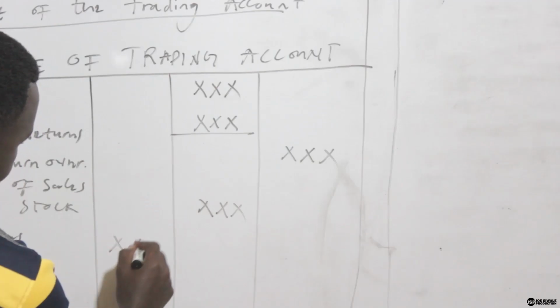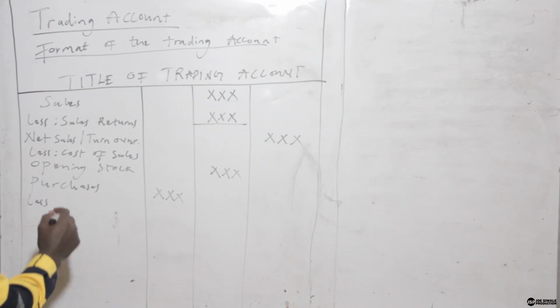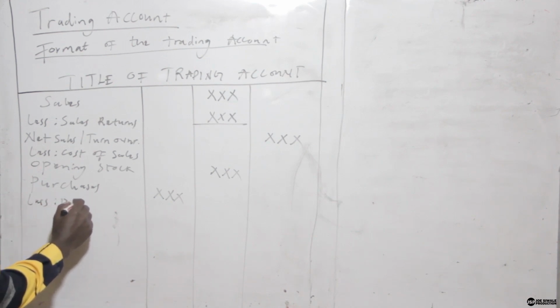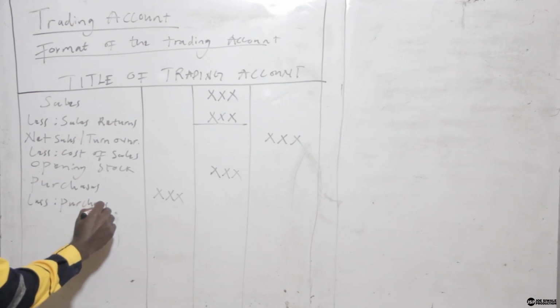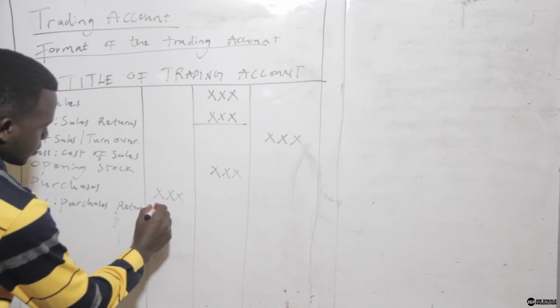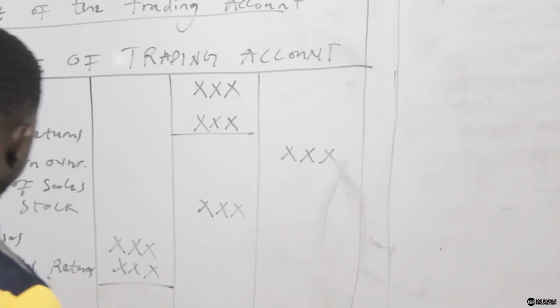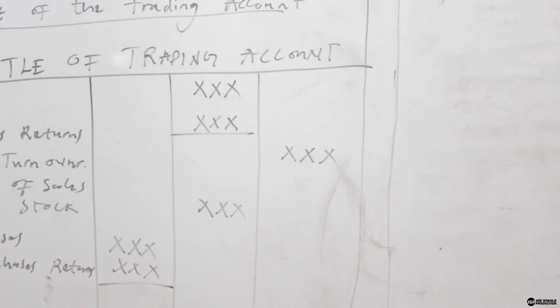Purchases you're going to put here. Then you say less purchases returns. And we know that purchases returns are also referred to as returns outwards. So when we find the difference there, we are going to get net purchases.